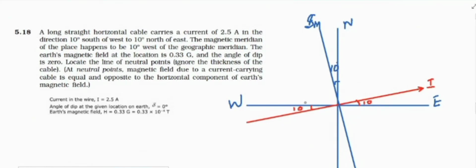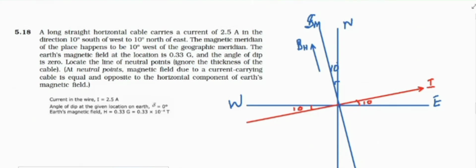Now you can see where the neutral points are. BH will be in this direction along the magnetic meridian. BH is one of the magnetic fields.